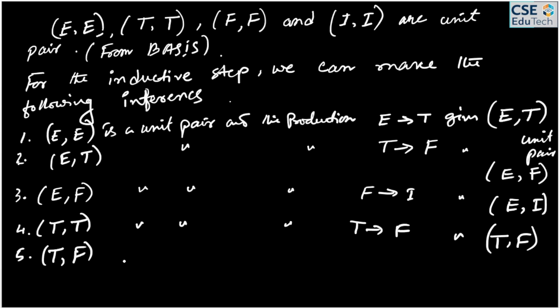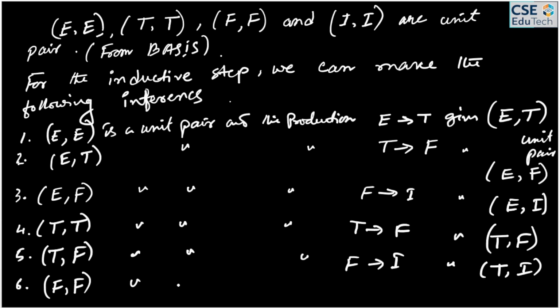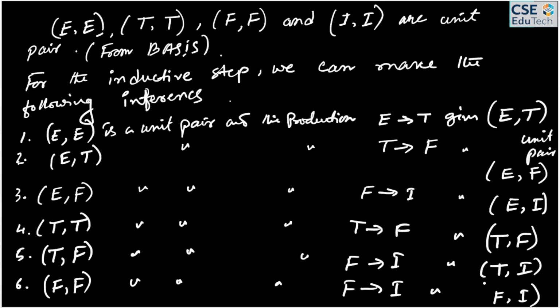And (E, F) is a unit pair and the production F to I gives the unit pair (E, I). Similarly, (T, T) is a unit pair and the production T to F gives the unit pair (T, F). (T, F) is a unit pair and the production F to I gives the unit pair (T, I). And sixth, (F, F) is a unit pair and the production F to I gives (F, I) as a unit pair.